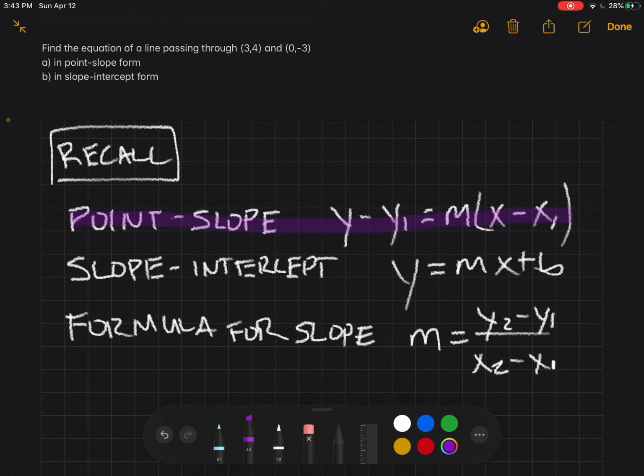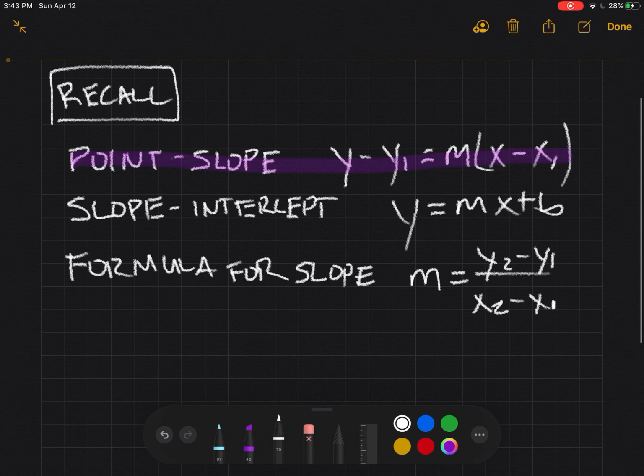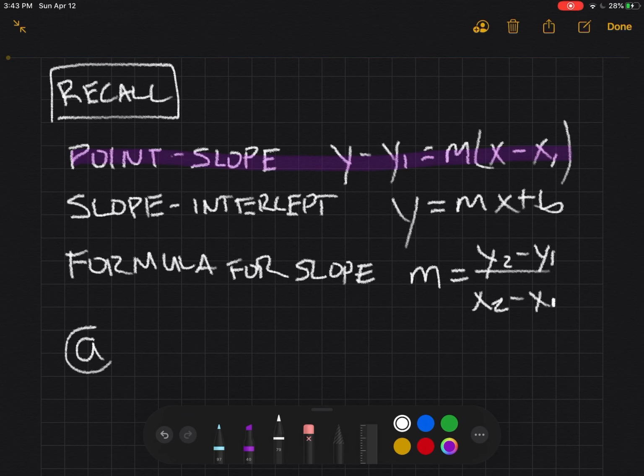First we're going to do part A. We're going to use point-slope form to figure out the equation of a line passing through 3, 4 and 0, negative 3. So let's go ahead and do that.